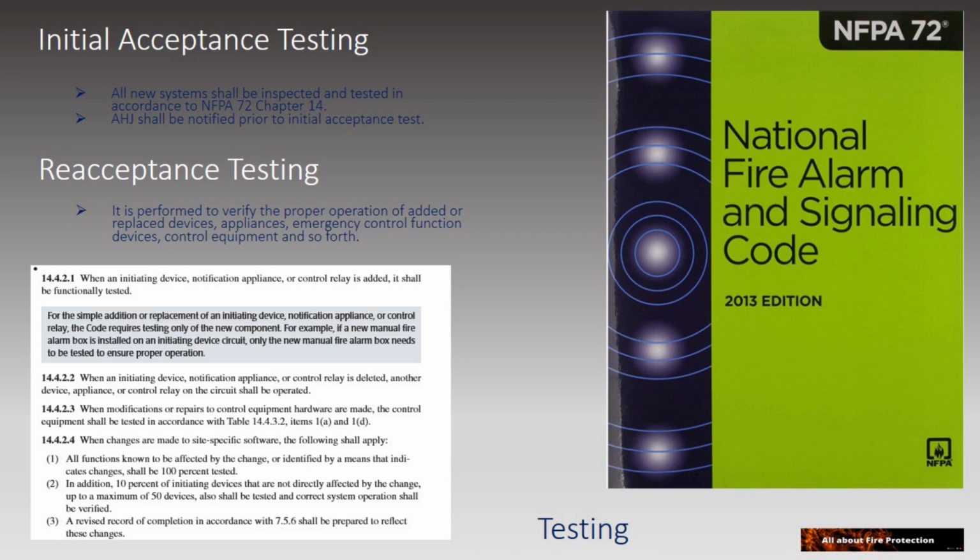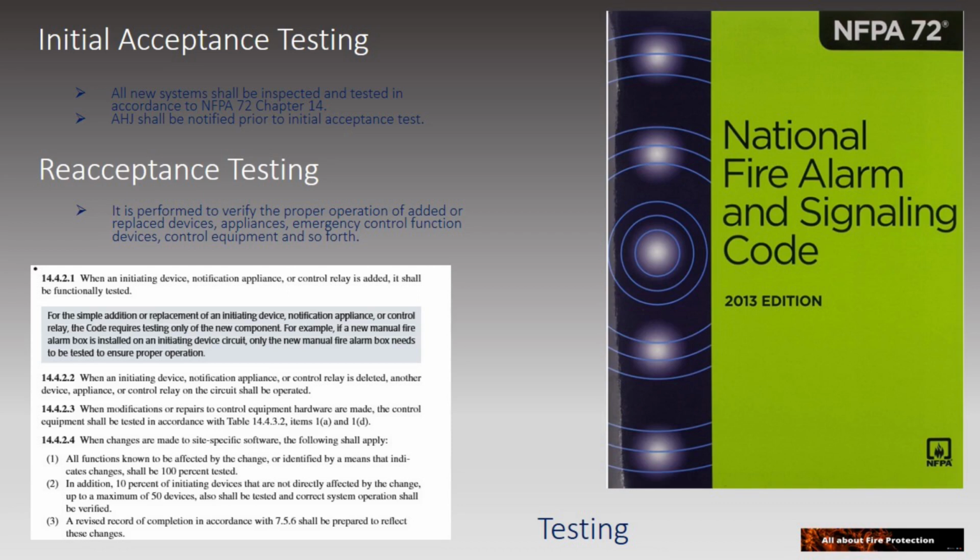And when changes are made to a program or the specific software, the following shall apply. All functions known to be affected by the change or identified by a means that indicates changes shall be 100% tested. In addition, 10% of initiating devices that are not directly affected by the change, up to a maximum of 50 devices, shall be tested and correct.